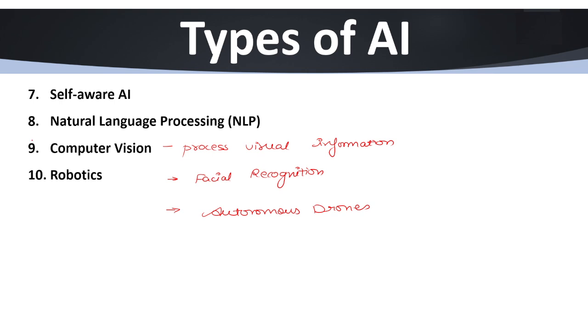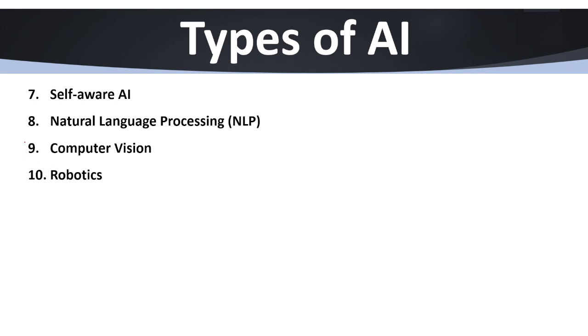Another type of AI is robotics. So AI applied in machines that perform tasks in the physical world is called robotics. Definitely we all know. Let's take some examples. First is industrial robots.